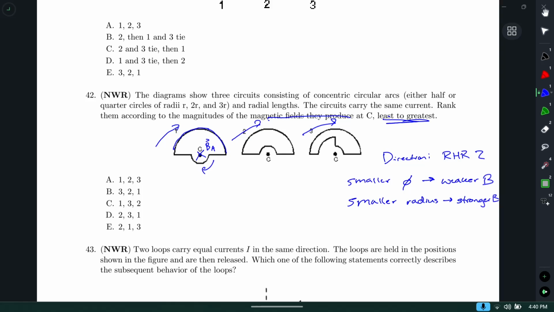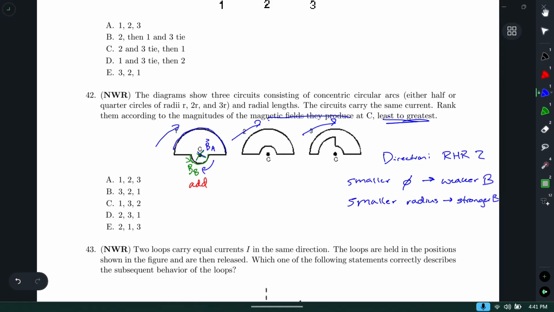So if I use the right-hand rule for that, I would still get a field dipping into the page. And so those two fields add. We'll call that BB. And so we're looking at fields add in this case.